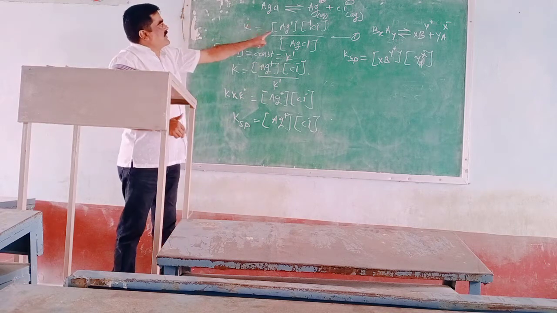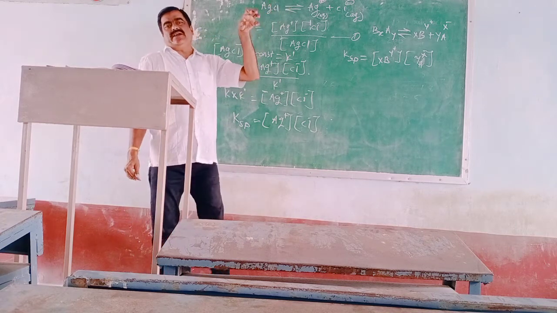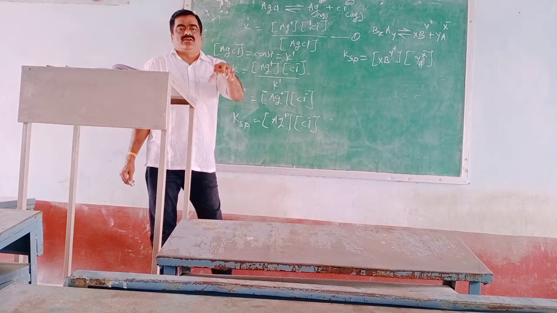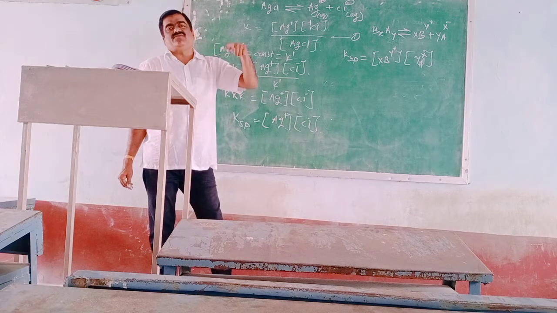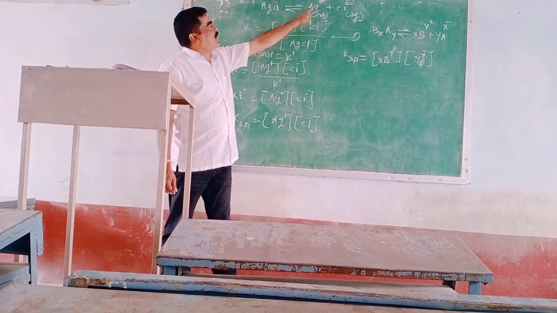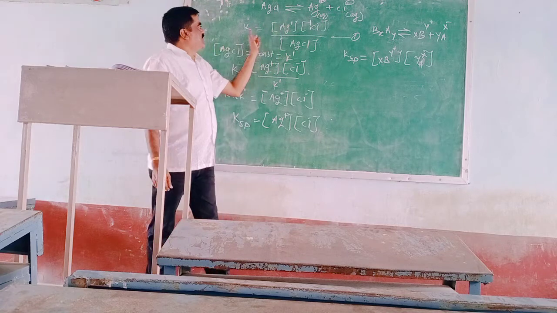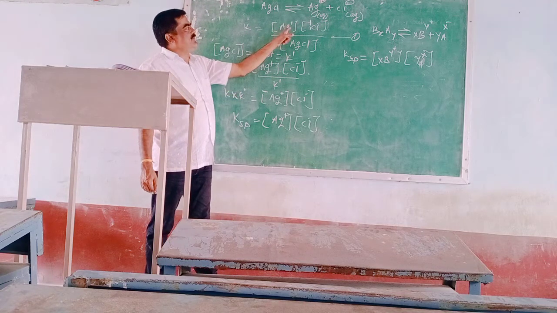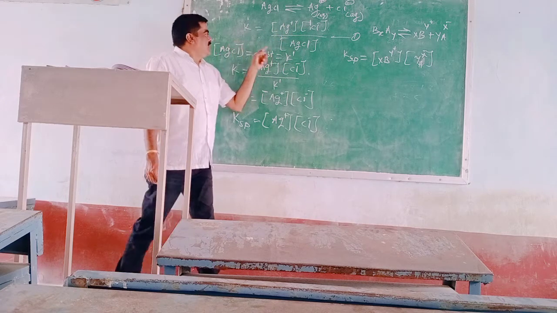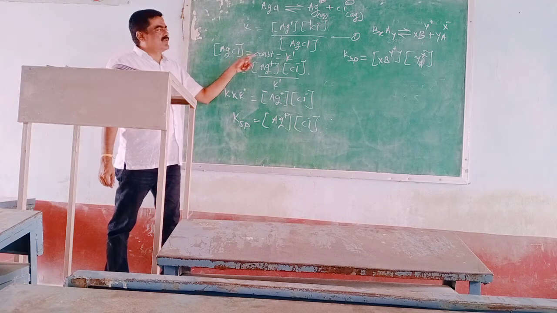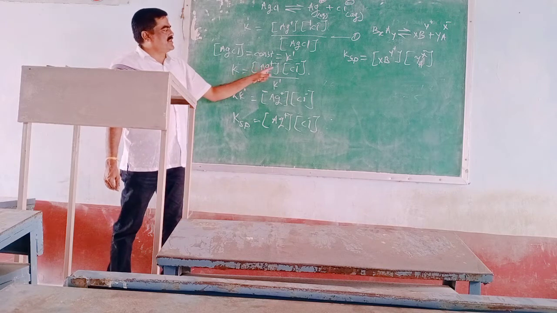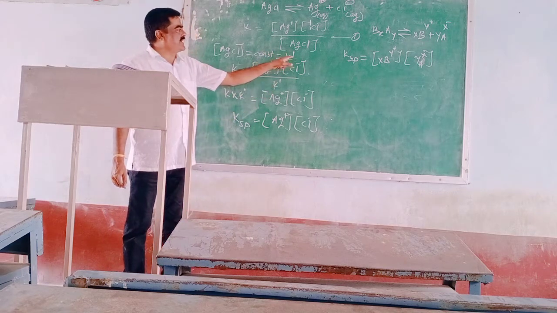Here we have taken the equation where AgCl is strongly soluble in water, and after dissociation it forms the Ag plus and Cl minus ions. Then the equilibrium constant K is equal to the product of the molar concentrations of Ag plus and Cl minus ions divided by AgCl. But AgCl is constant, hence it is represented as K dash.